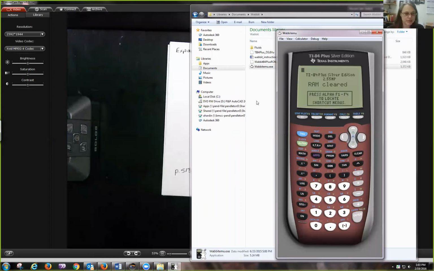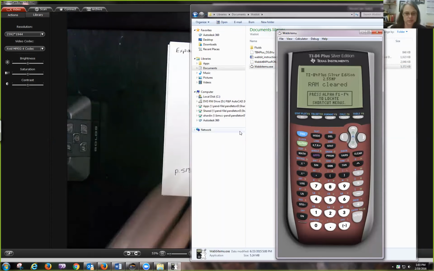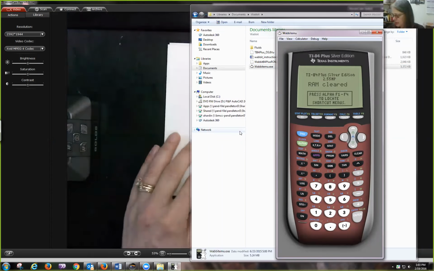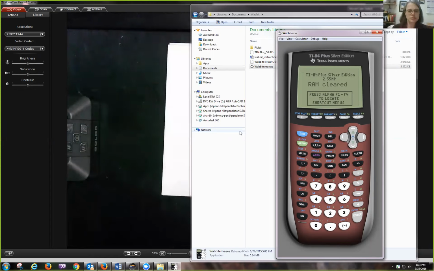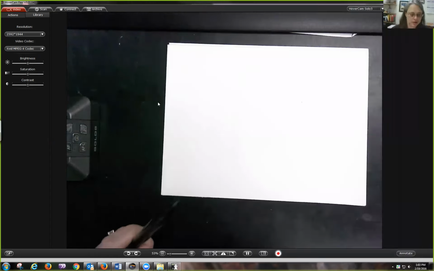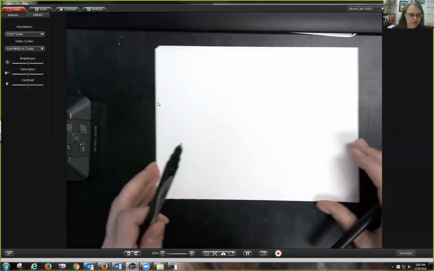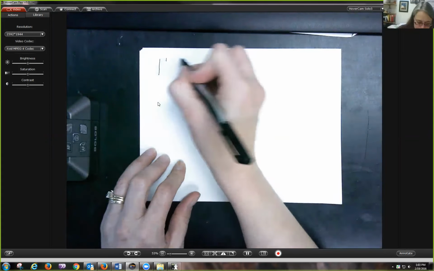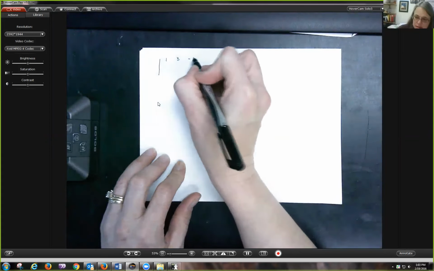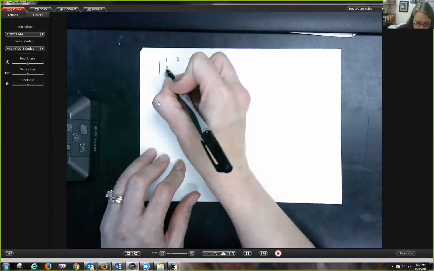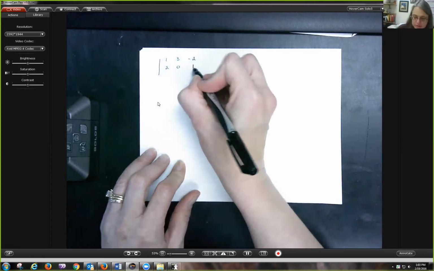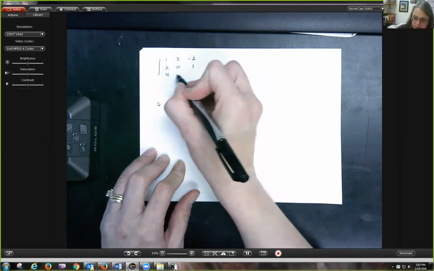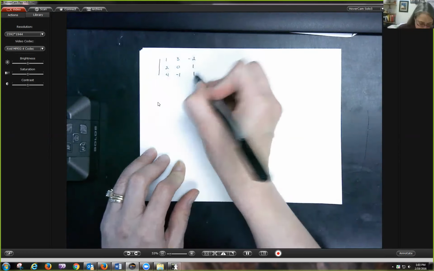So we're going to use this same matrix. I'm going to use the calculator to find the determinant of the matrix. So I'm going to find the determinant 1, 3, negative 2, 2, 0, 1, and 4, negative 1, 1.